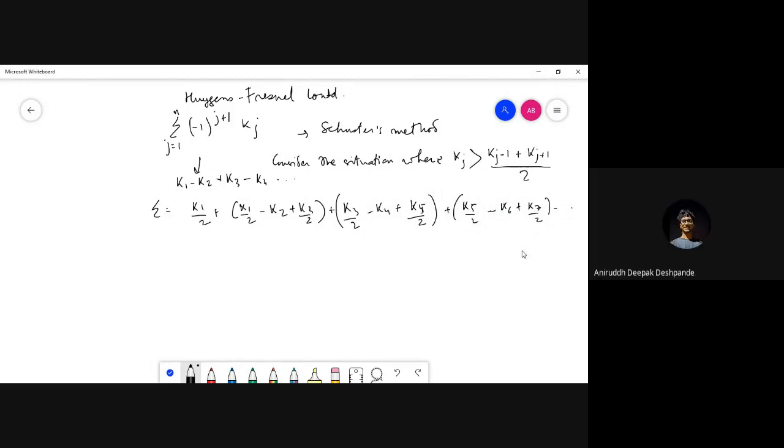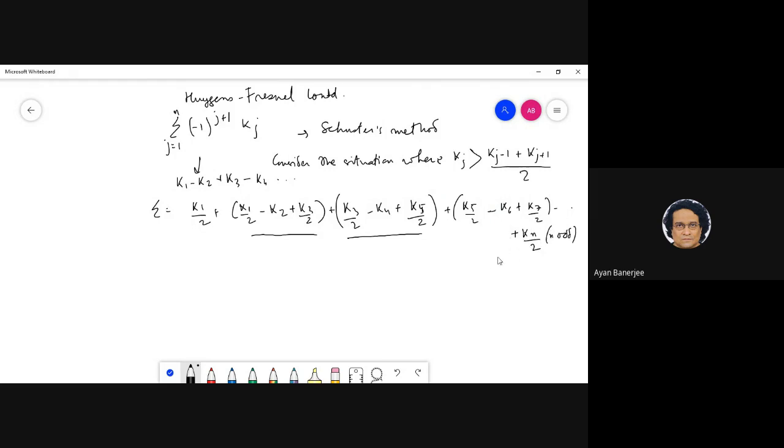The last term is kn minus 2 by 2 minus kn minus 1 plus kn by 2. Yes. But interestingly, Anirudh, what can you conclude about all these, given I have this? They're negative. Yes, exactly. So if I group into threes like this, then for n odd I will only have this left, right?